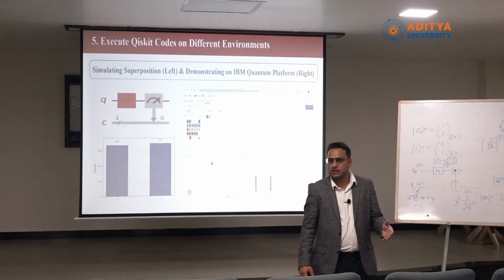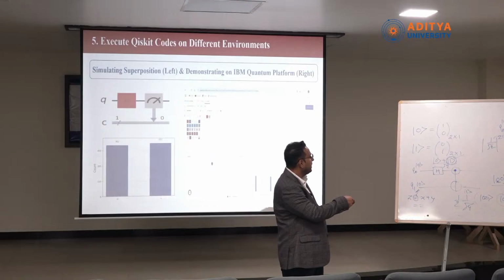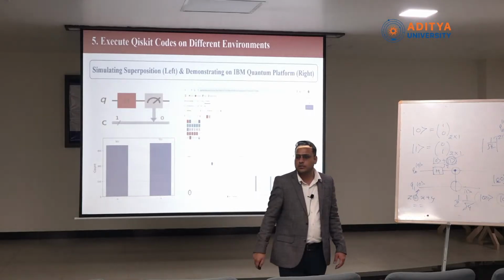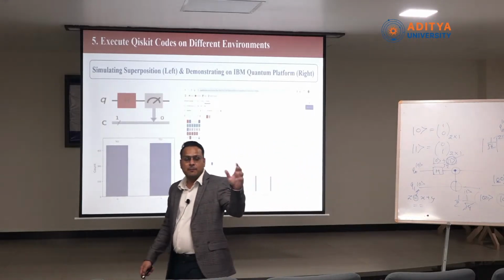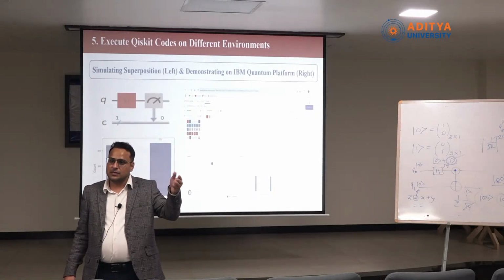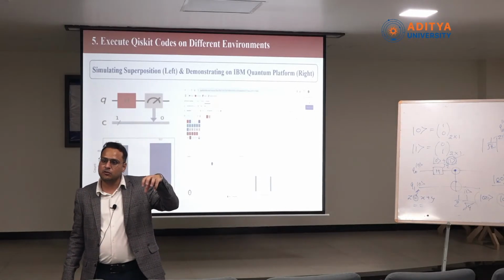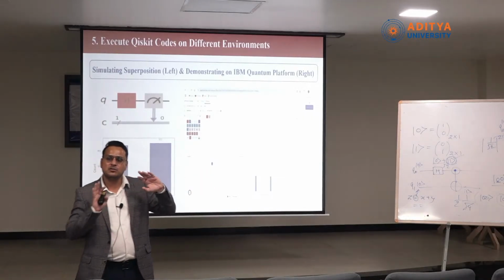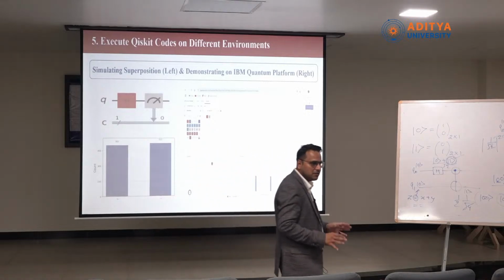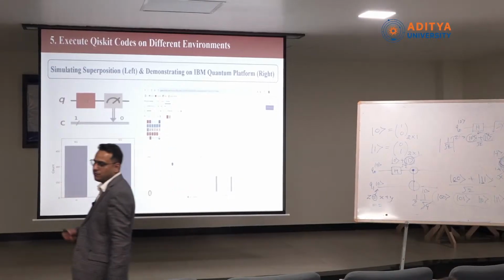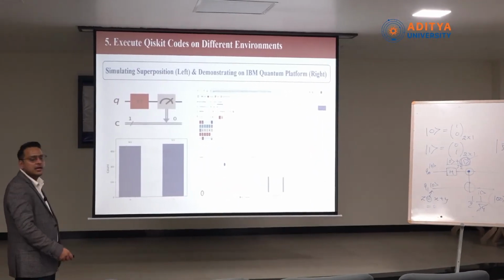Like here, quantum states 0 and 1 both have 1 by 2, that is a 50% chance. But in another encoding, the 0 state might be encoded with, suppose, 25% chance, and the 1 state with 75% chance. I will let you know in tomorrow's machine learning session why these amplitudes can be encoded differently.